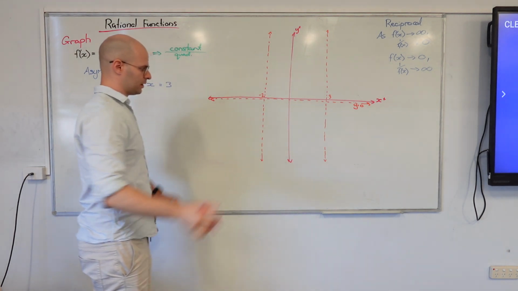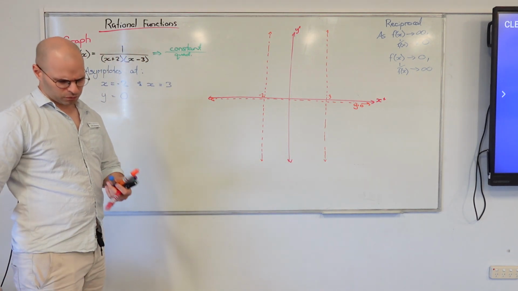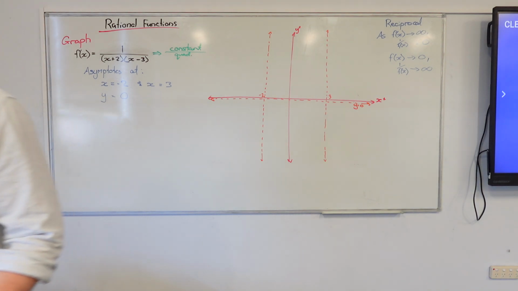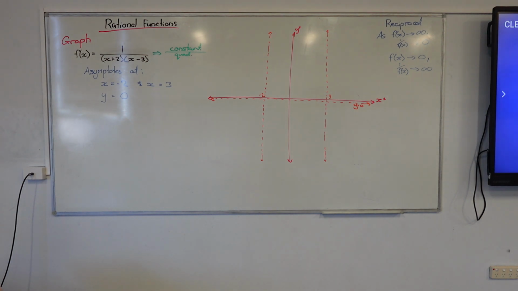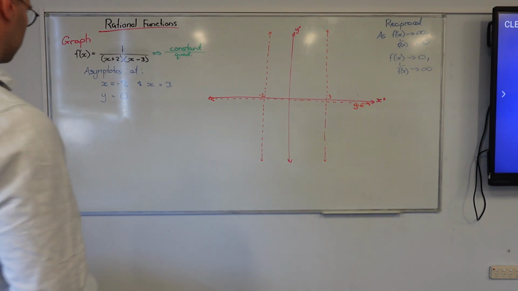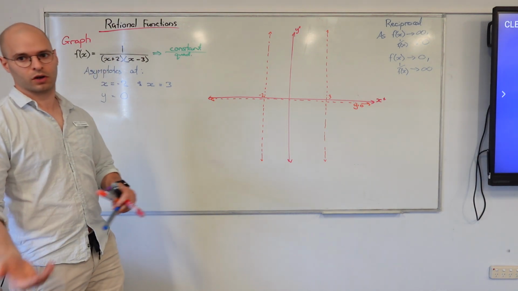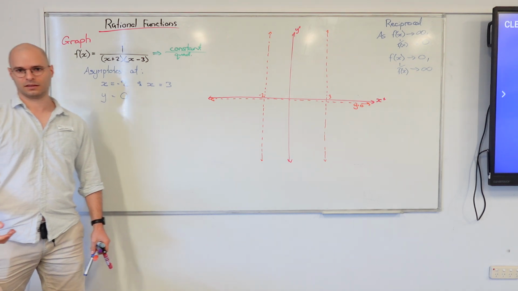All right, now let's think about this. If we were to draw the quadratic, what would it look like? The quadratic, x plus 2, x minus 3. Is it going to be concave up or concave down, the quadratic?